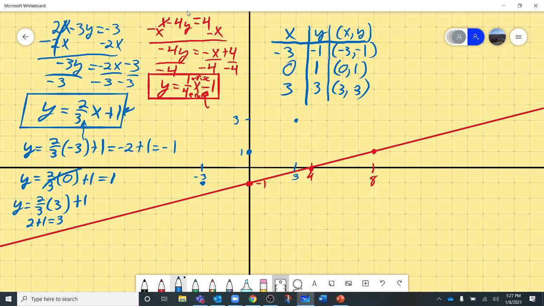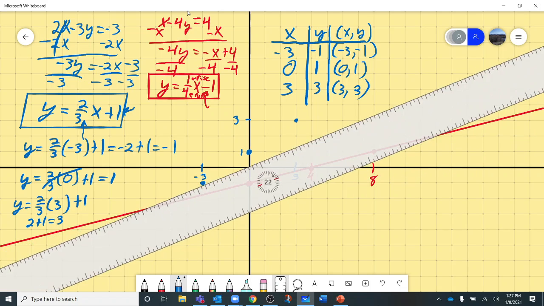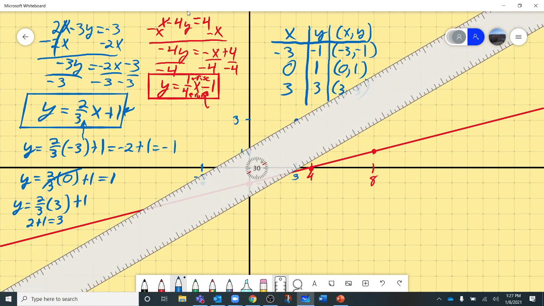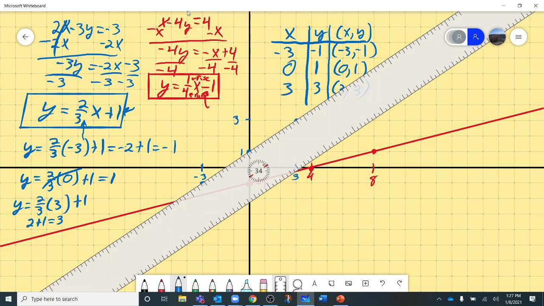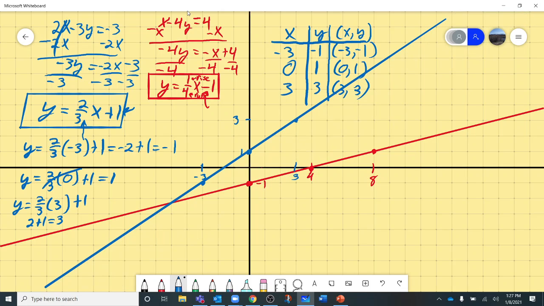Okay, so again, I can draw my line between these 2 points, or between any 2 points, but I'm using 3 points, I guess. Right about there. I'm going to end up drawing right through some of my table. Okay, so that gives me my intersection, and my intersection appears to be right about here-ish.